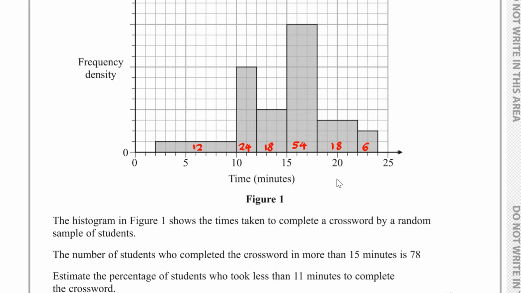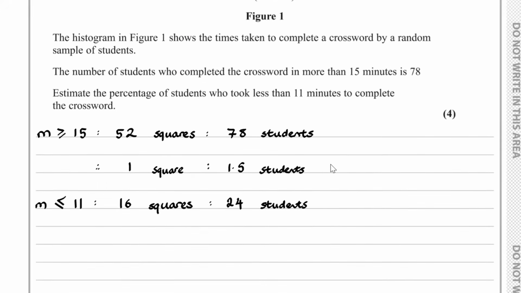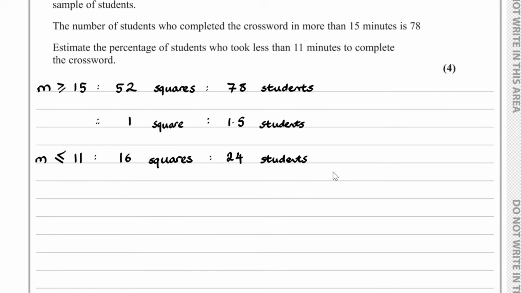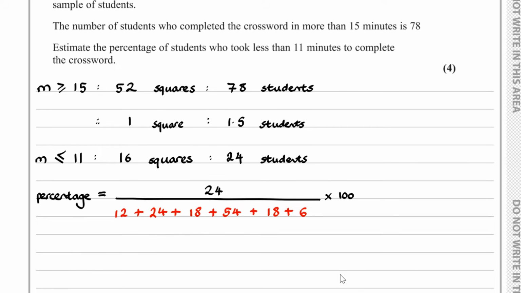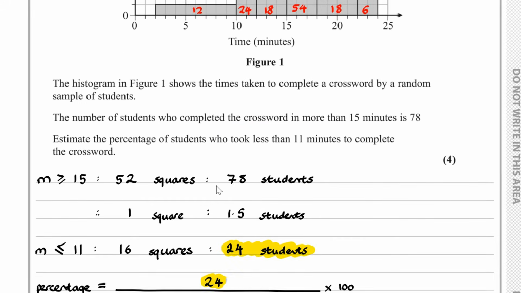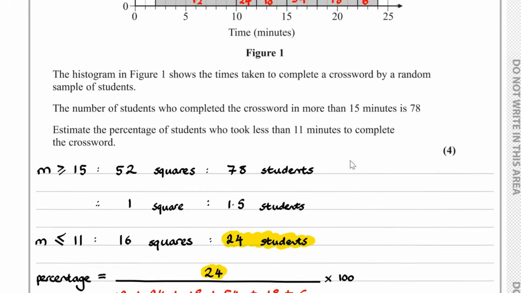So with this, we can find out the percentage of students who took less than 11 minutes. So we have 24, which is the number of students who took less than 11 minutes, over the total, which is the sum of all these.